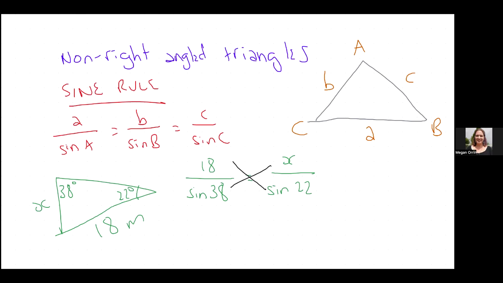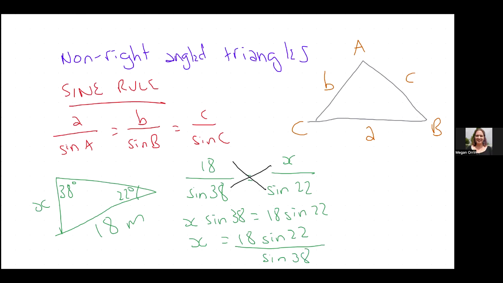Remember, that's not how it works. It's this one. So X times sine 38, doesn't matter which way around we do it, equals the other one, 18 times sine 22. How do I get X by itself? Divide, right? These are multiplying. So 18 sine 22 divided by sine 38. And then you just type that into a calculator.